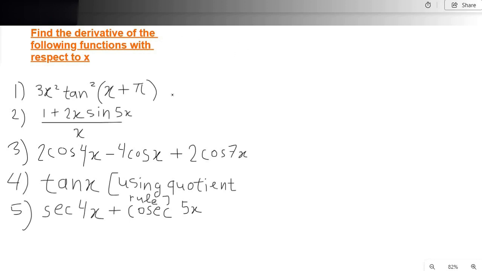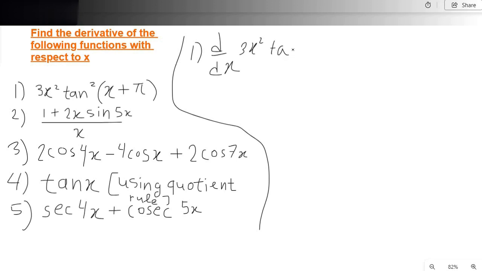For number 1, we have to find out the derivative of 3x squared tan squared x plus pi.